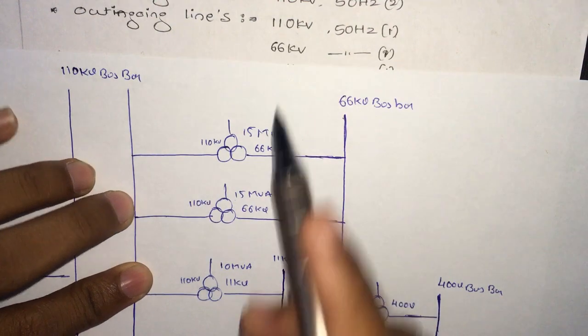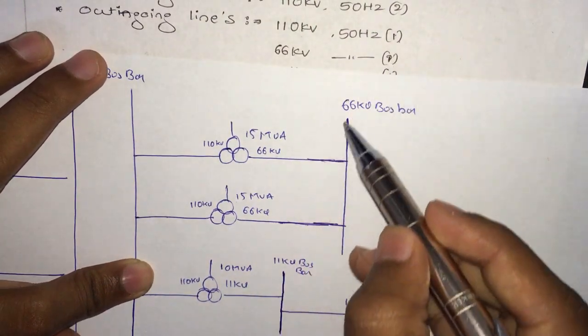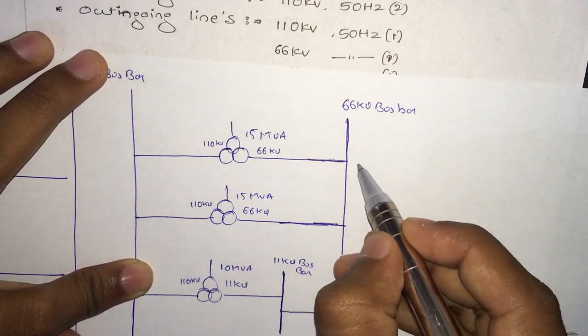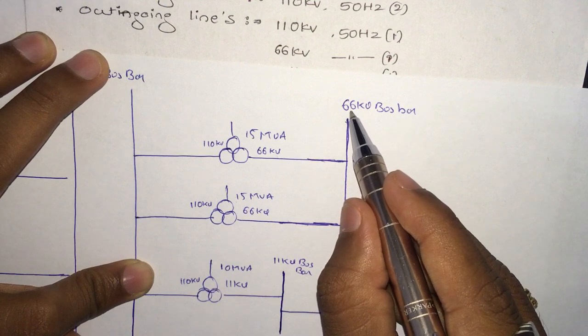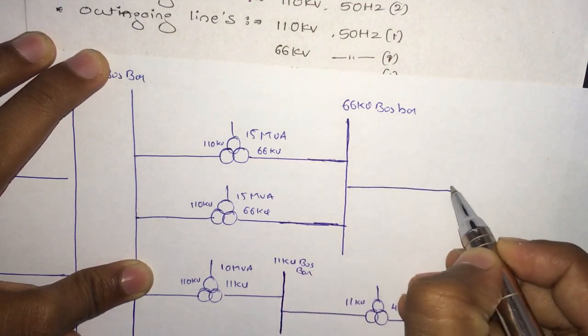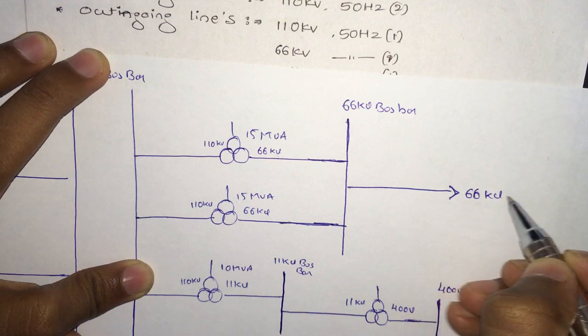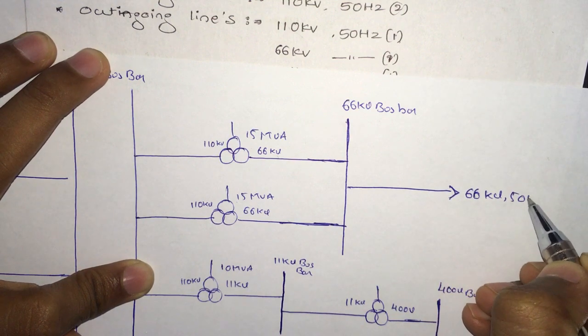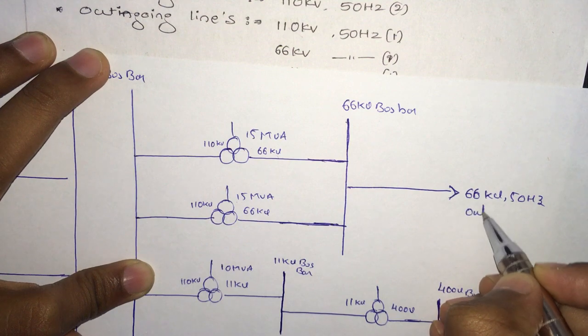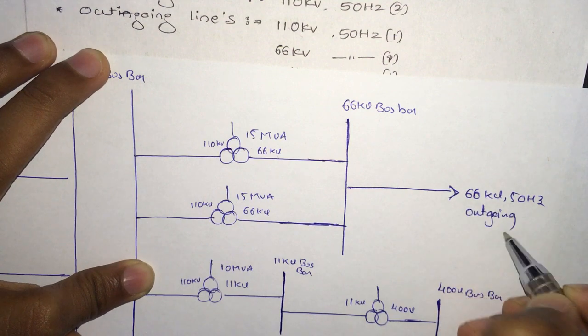You can see 66 kV 50 hertz, one outgoing. You can draw the outgoing line to the bus bar itself. 66 kV bus bar is here, so we are marking it as 66 kV 50 hertz outgoing.